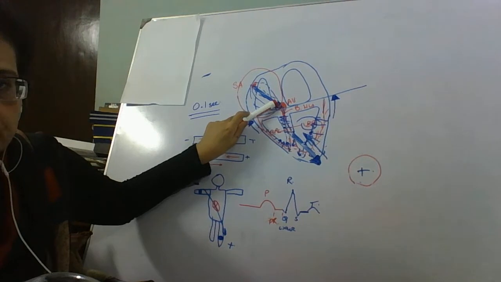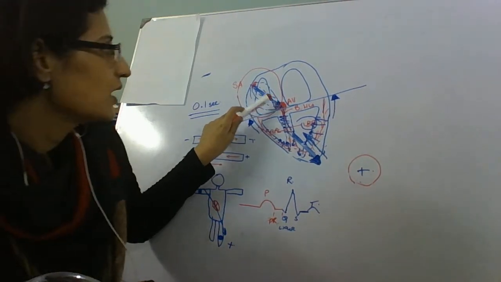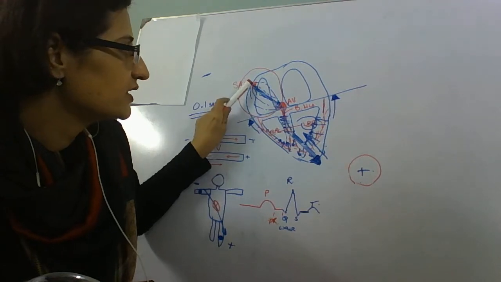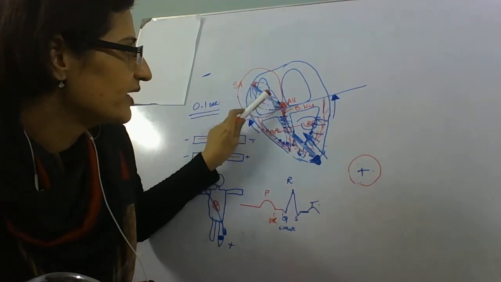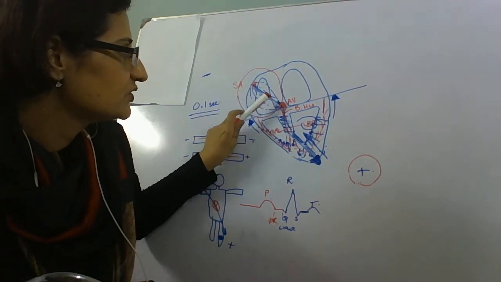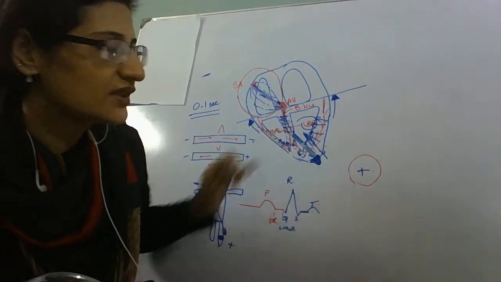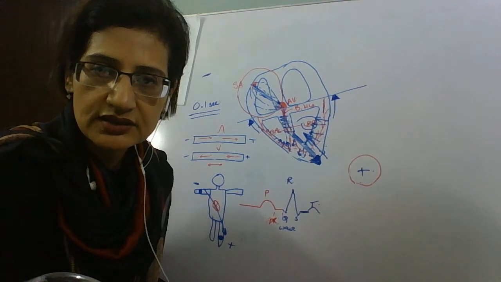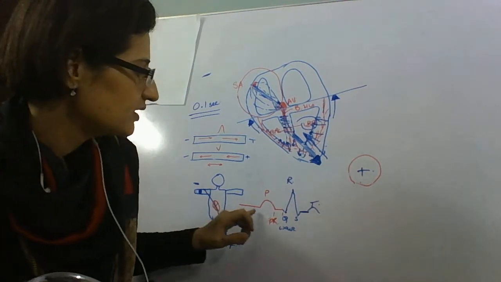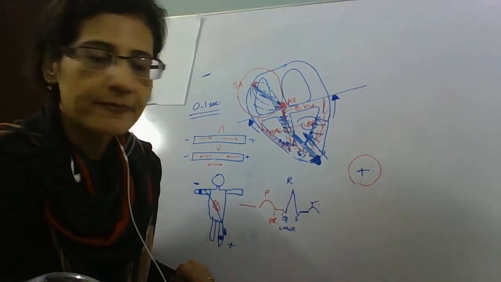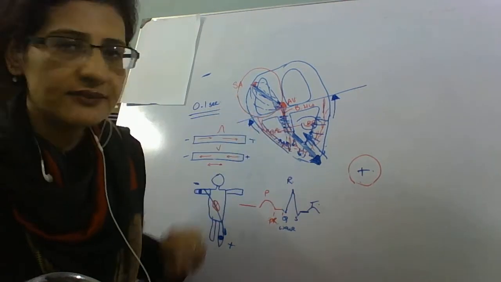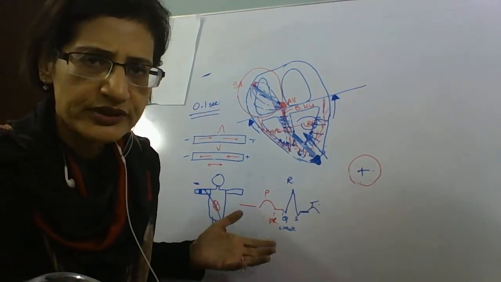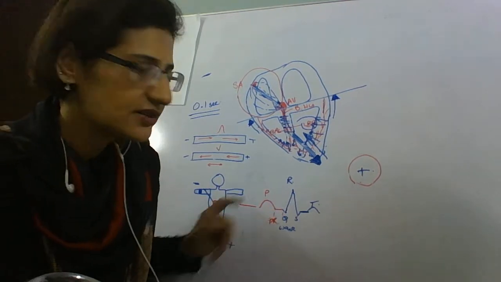onto the AV node, but the net vector being a bigger vector which is going towards the positive limb lead. So it would be a P wave. An area of delay at the AV node of about 0.1 seconds, that is the PR interval.